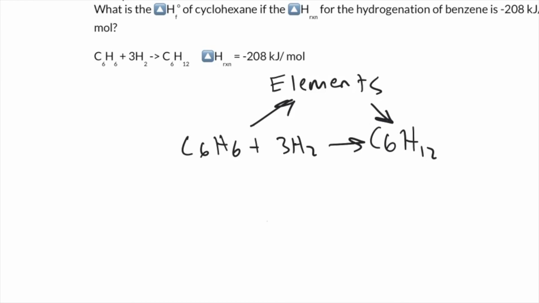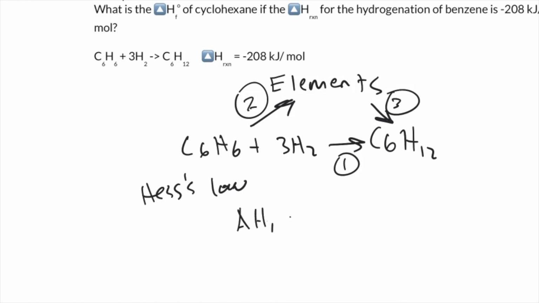So we're going to take our reactants, turn it into the elements, and then we're going to take the elements and turn it into the product, right? So let's call this reaction 1. We'll call this reaction 2. Call this reaction 3. Now, by Hess's law, delta H1 is equal to delta H2 plus delta H3.